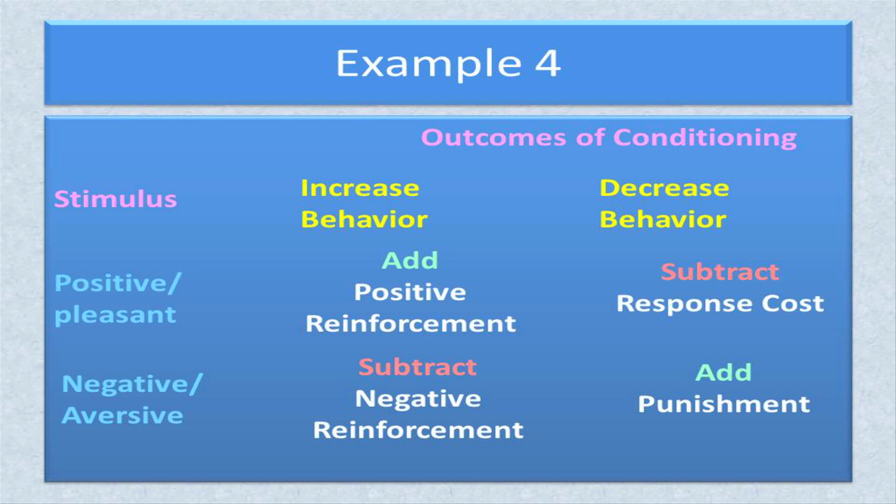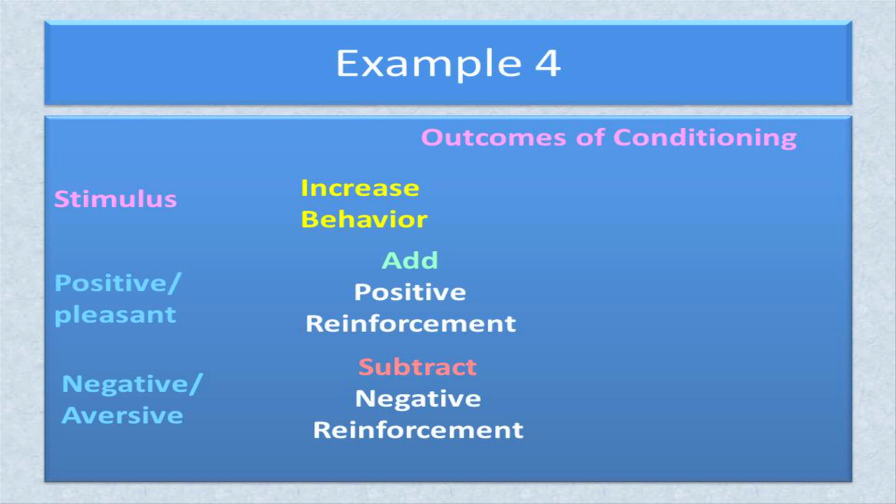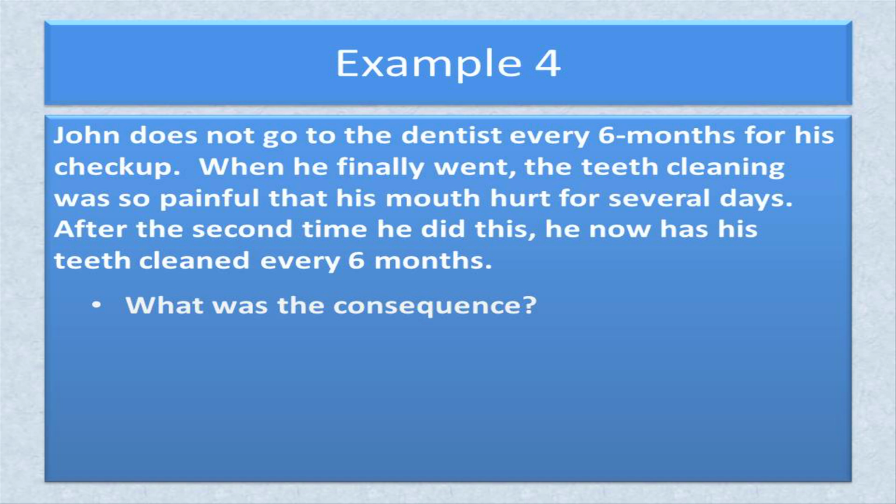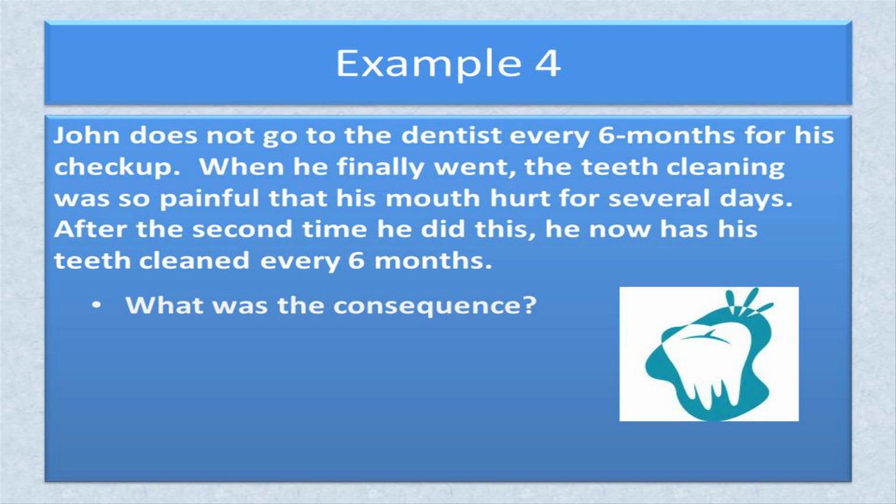So we can eliminate two possible operant conditioning techniques, response cost and punishment, because those techniques result in a decrease in the frequency of the target behavior. What was the consequence? Right, the consequence was his mouth hurting for several days.